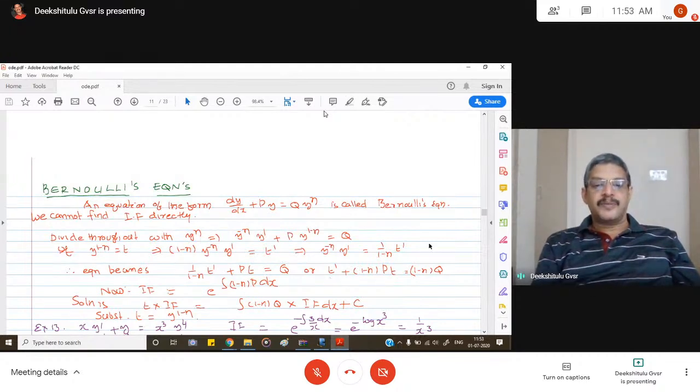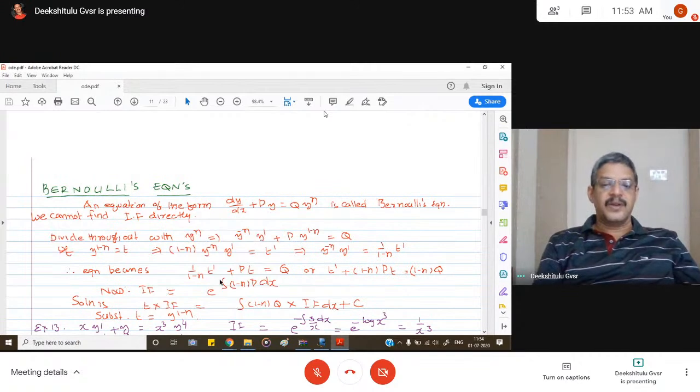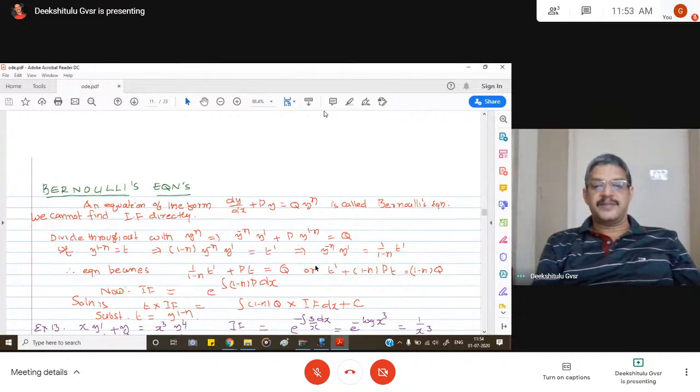So if you substitute these things in this equation, y dash is 1 by (1 minus n) into y power n into dt by dx.